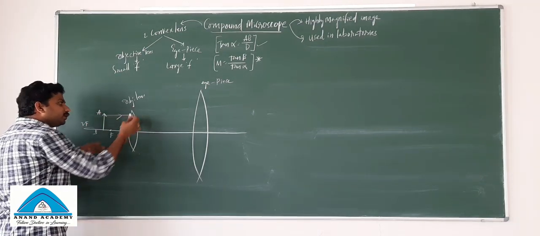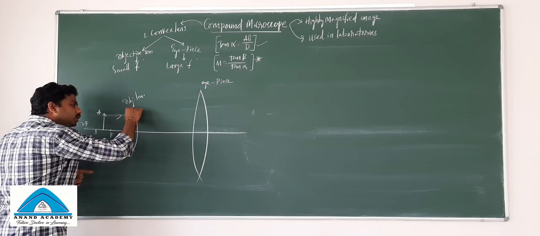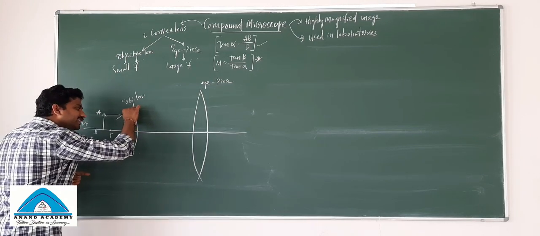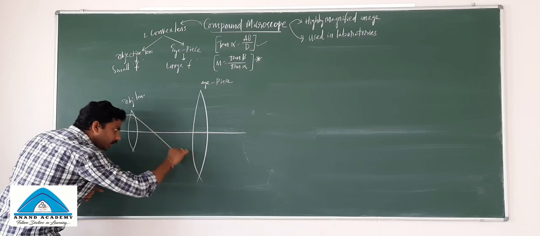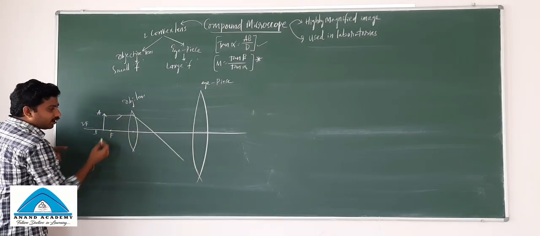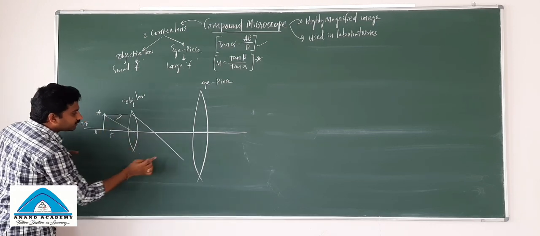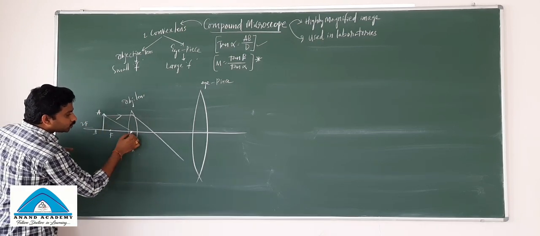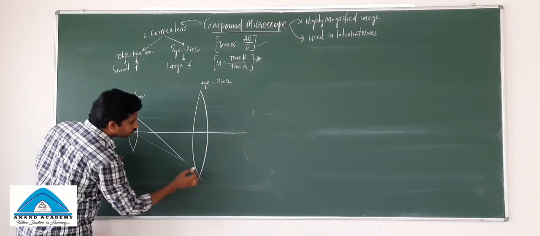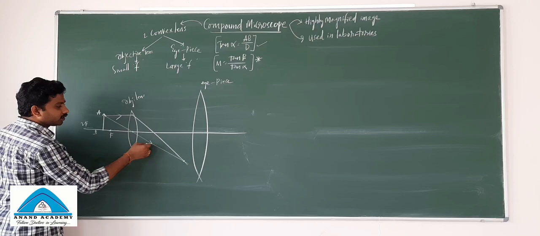A light ray moving parallel to the principal axis will pass through the principal focus in this way. Now, a light ray is passing through the optic center. You can see here, when it passes through the optic center, it goes on like that. See, there is an image formation here.